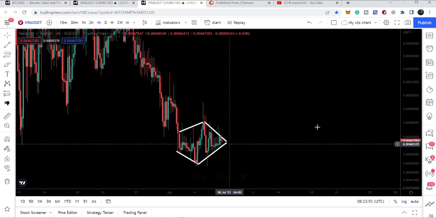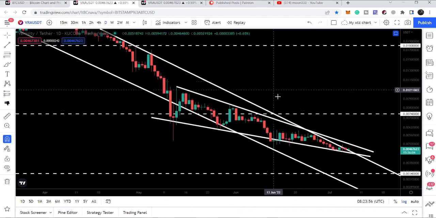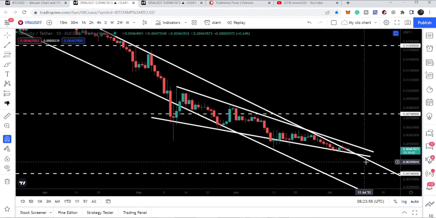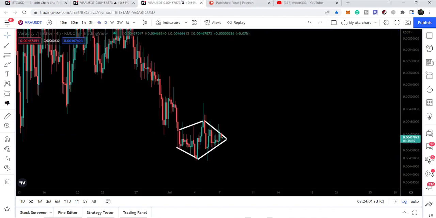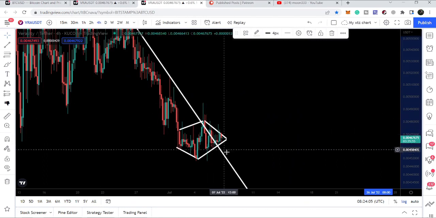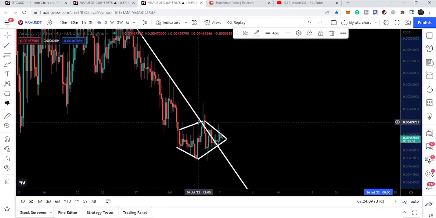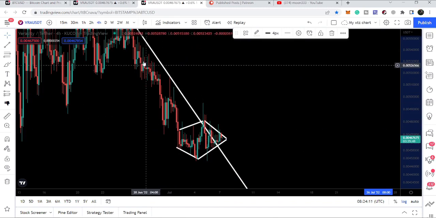We are at the very end of this diamond bottom pattern, and we are now having the support of this previous channel. If I copy this channel from here and paste it here on this 4-hour time frame chart, then we can see that right now we are having the support of this channel that was previously working as a resistance.